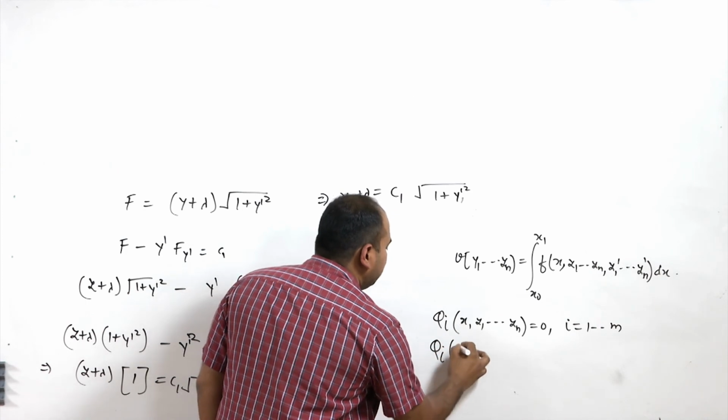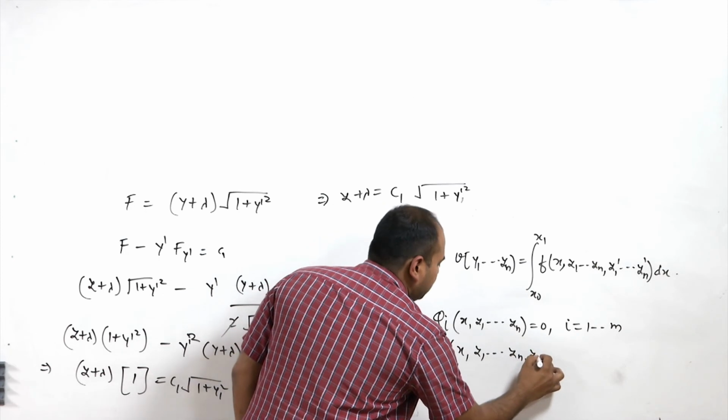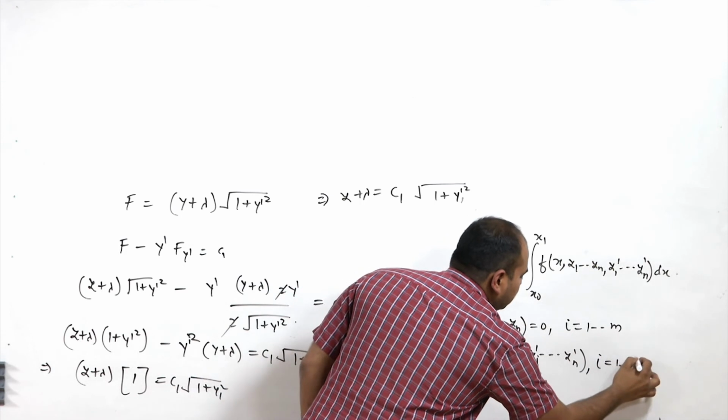In today's lecture we have discussed constraints of the form given in terms of a differential equation like this, i equal to 1 to m.